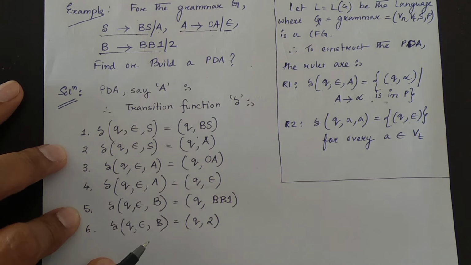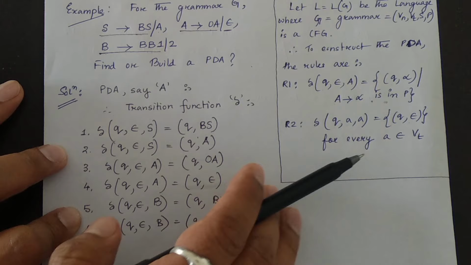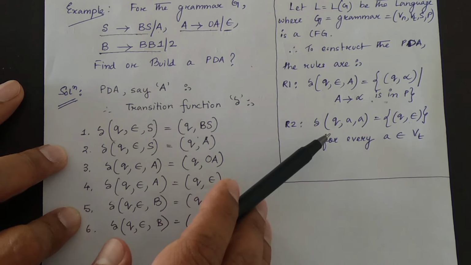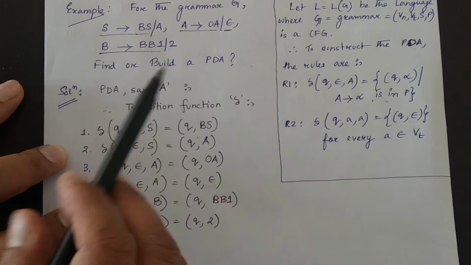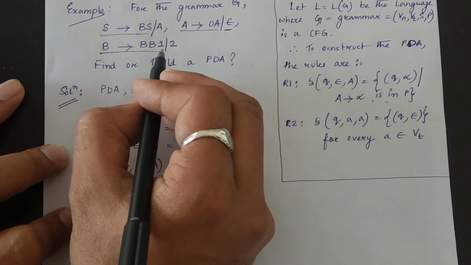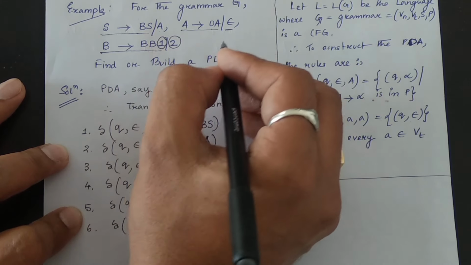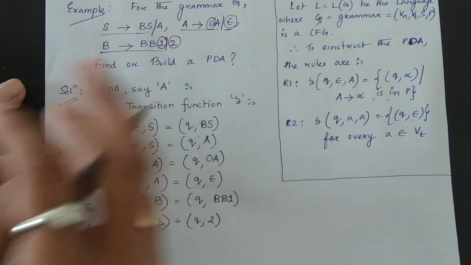Clear? Now am I left out with anything? Yes. I have done the A tends to alpha format. Now I have to write down the transition functions for all terminal symbols. What are the terminal symbols over here? 1 is a terminal symbol, 2 is a terminal symbol, 0 is a terminal symbol, and epsilon is also a terminal symbol.